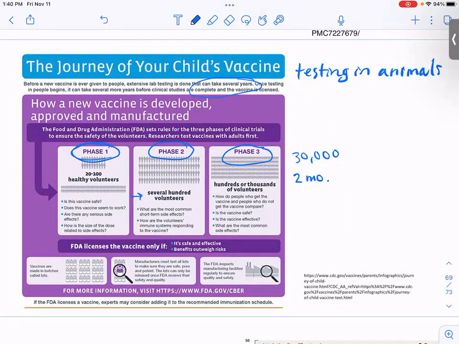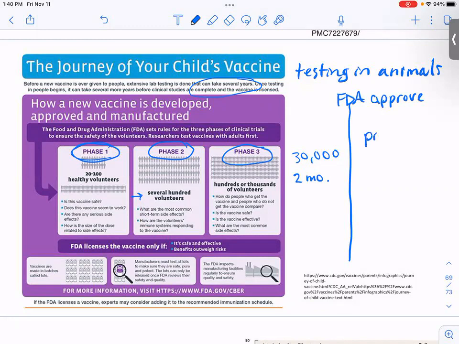So they monitor them closely. At that point, if everything looks good, then the FDA would approve. If it meets standards of effectiveness and standards of safety, an independent advisory team will approve it. So it's not the drug manufacturer or the vaccine manufacturer that's approving it. It's supposed to be independent people.